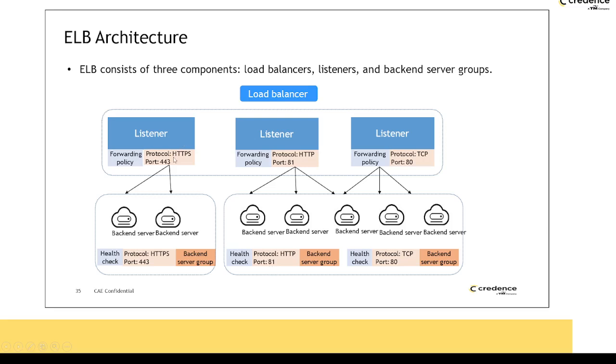So the listener under the load balancer listens to a particular port. You will listen to these 2 ECS for port 443, and port 88 for all of these. This one might be running both port 88 and 80. So it can balance all of this based on the 3 components.